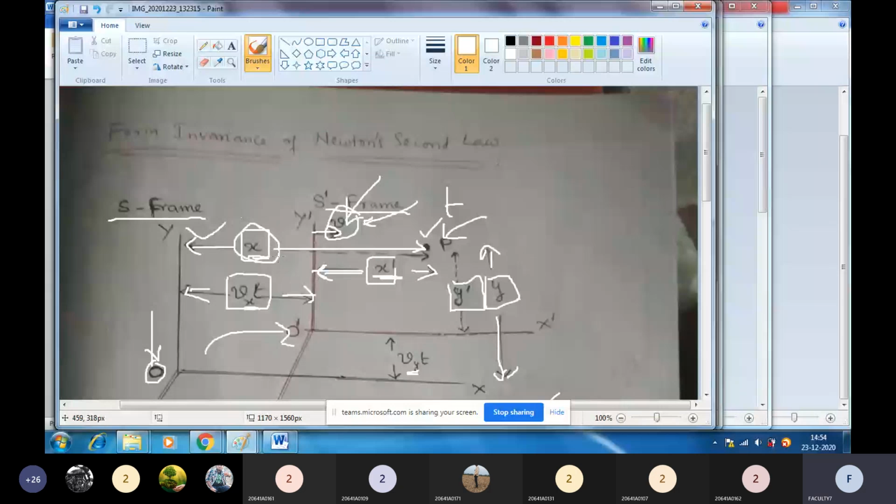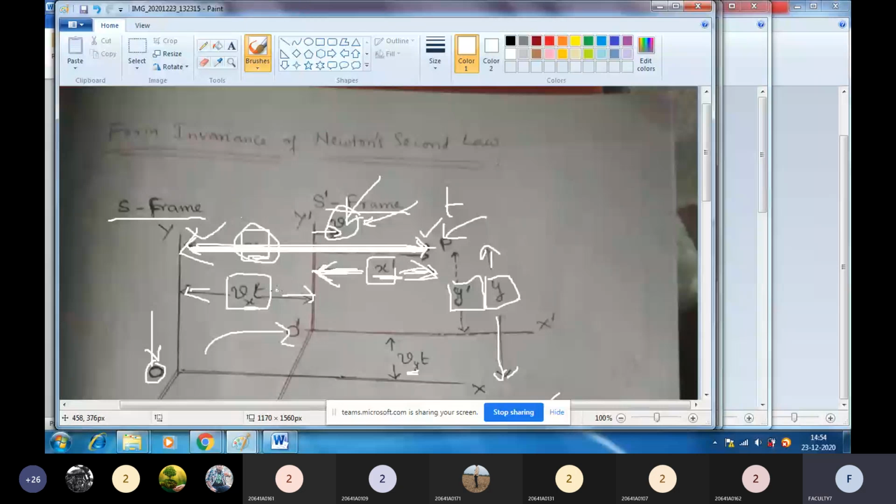Now from the geometry, what are you going to get? The entire distance between these 2 points. I'm drawing like this. So this is the entire distance here between point P and the S frame, which equals to this, plus this here, v regarding the vt.